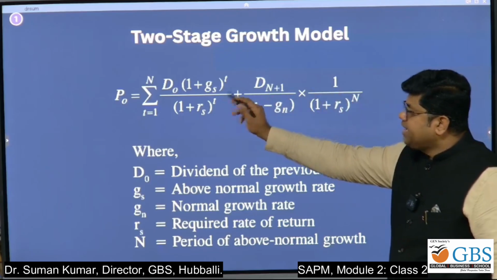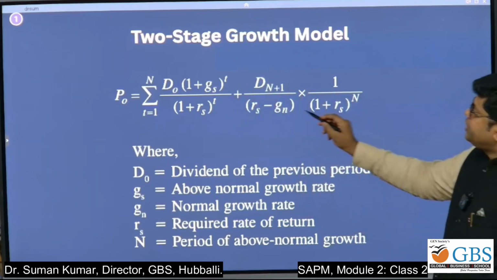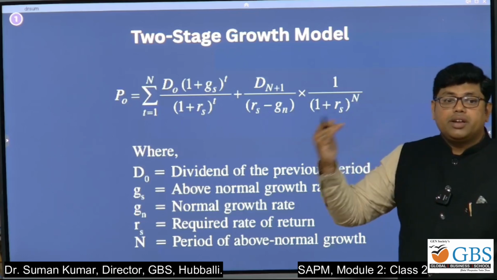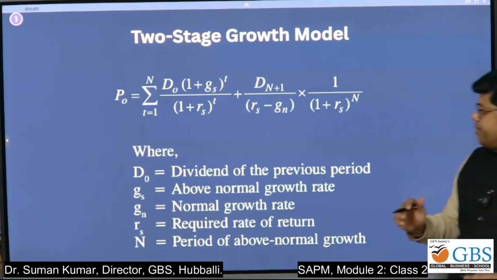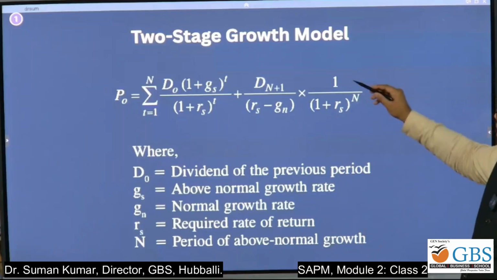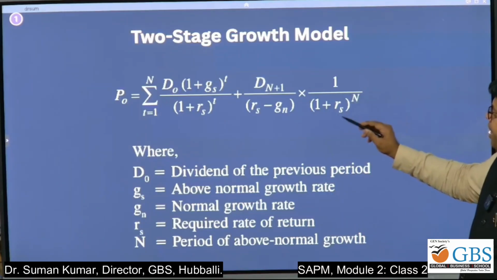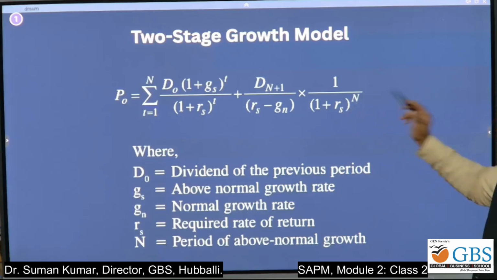GS is the first period growth rate, Gn is the second period growth rate, because it is a two stage growth model, into 1 divided by (1 plus RS) raised to n.